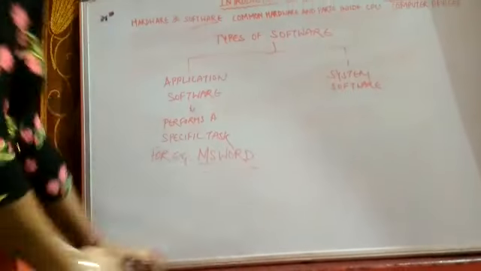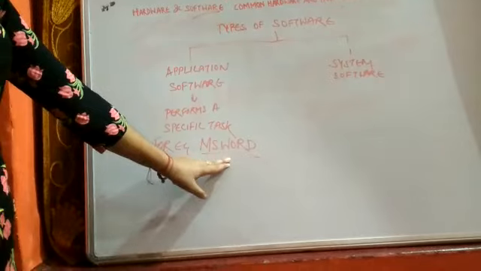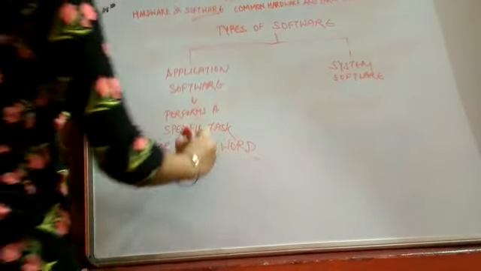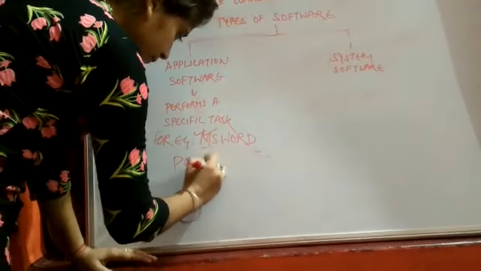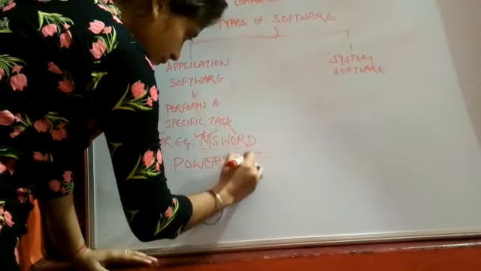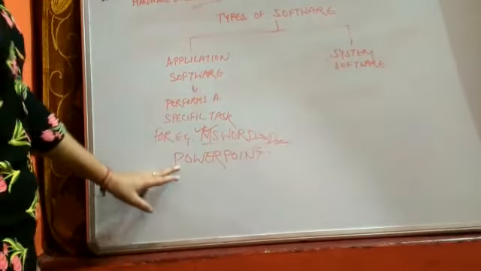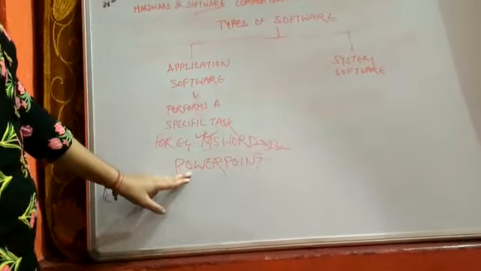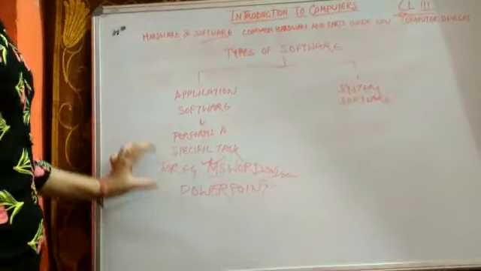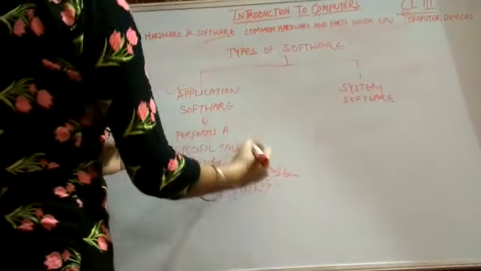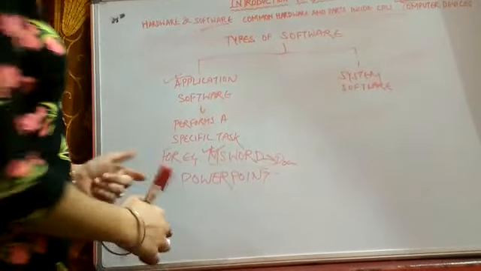MS Word is a program where we type. Basically, MS Word is used for making documents. If you want to make any presentation, we will use the application software known as PowerPoint. So this application software performs a specific task. It cannot be used for multiple purposes.